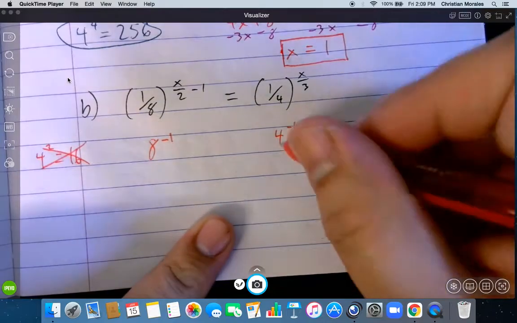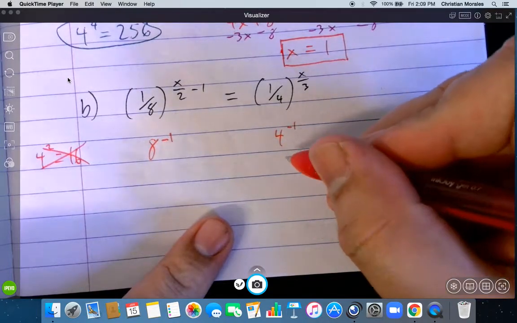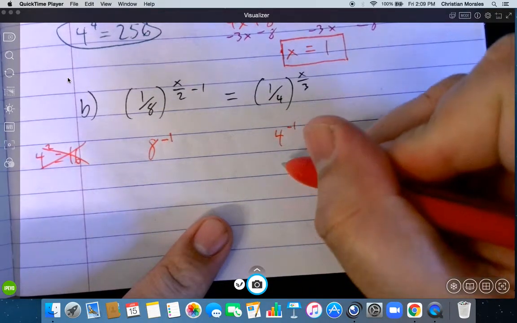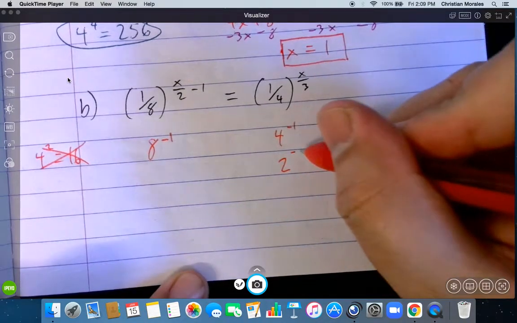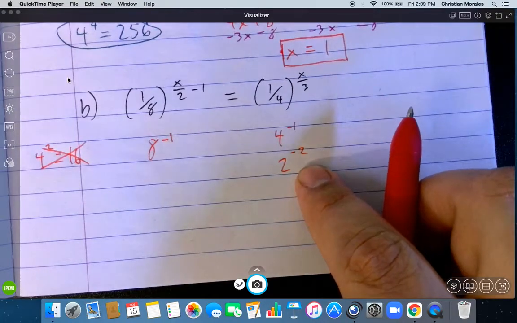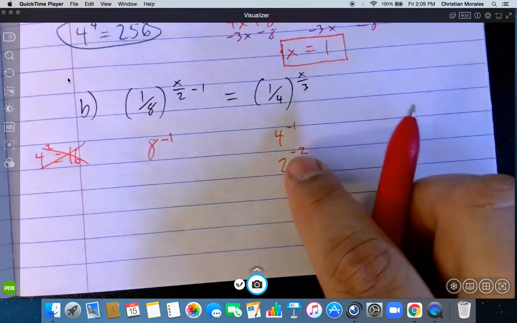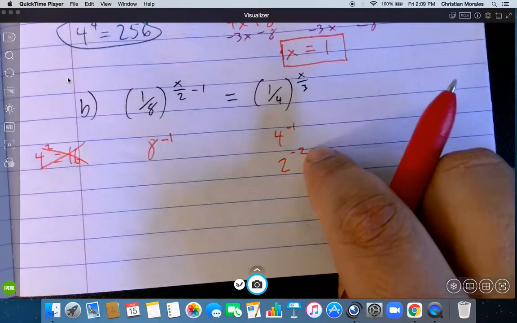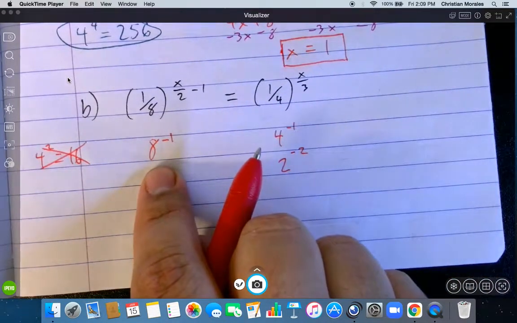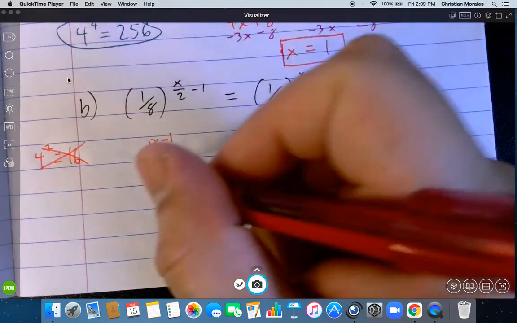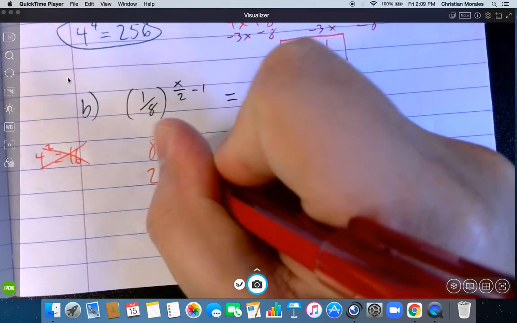So in this case, I'm going to change them both. This is 2 to the second power. So another way to write this is 2 to the negative second power. That would move this 2 to the bottom and square it like that. This would be 2 to the negative third power.